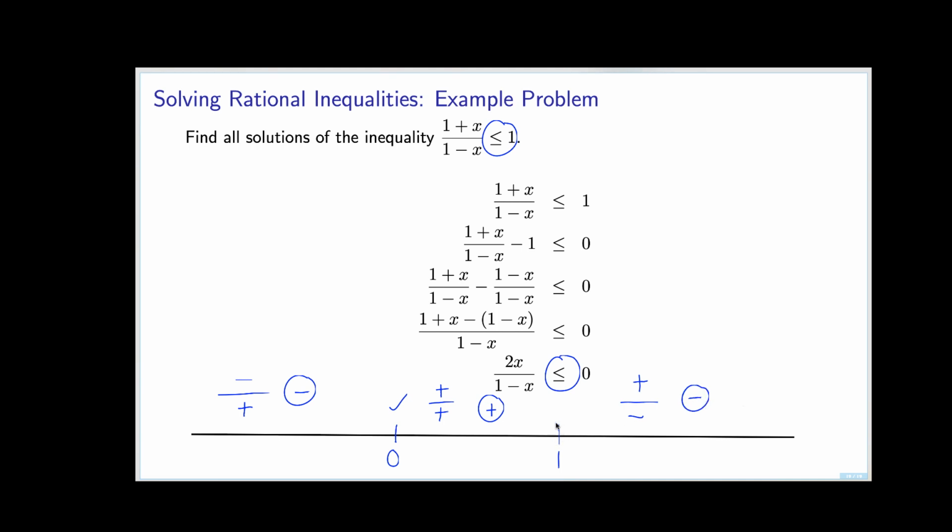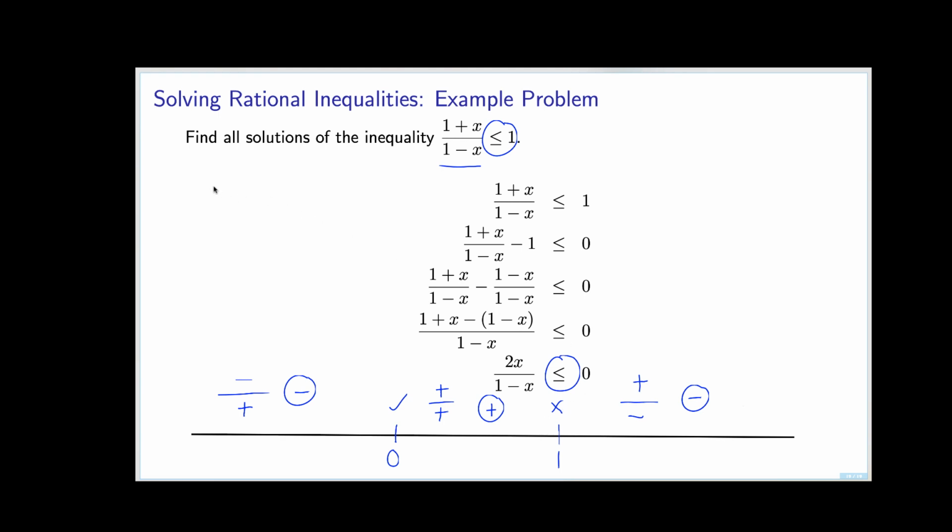What about our endpoint of this interval, x = 1? When we look at x = 1, our original expression is not defined, so we will not include the endpoint x = 1.